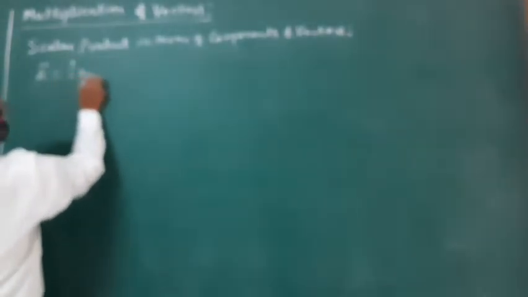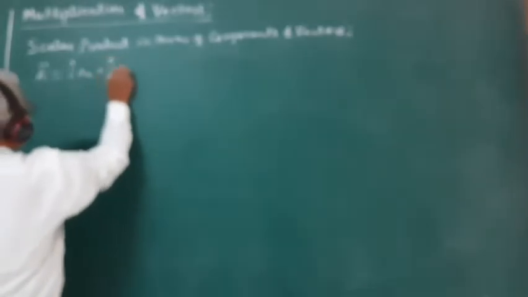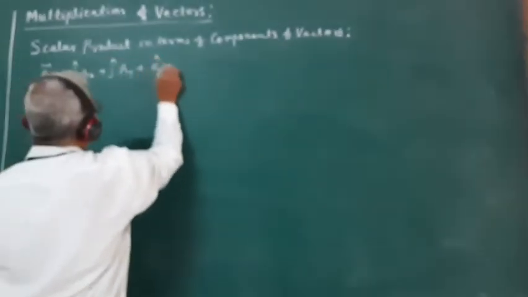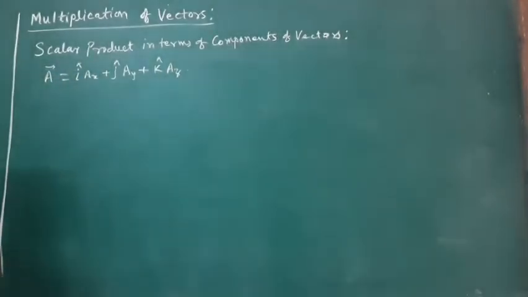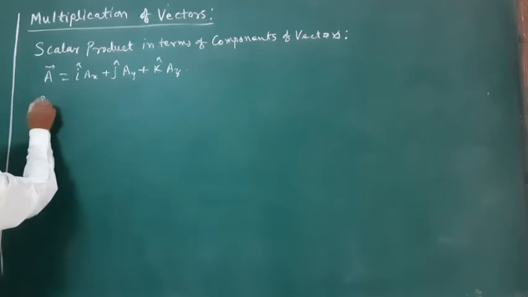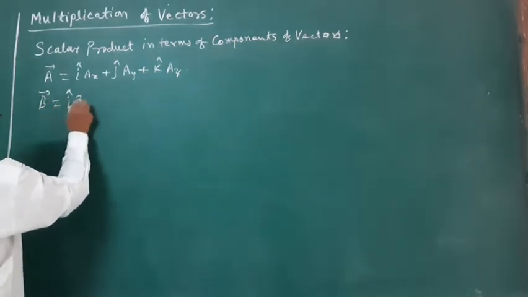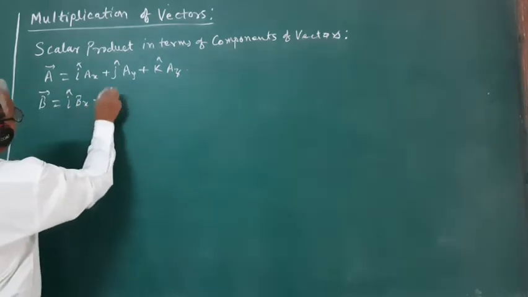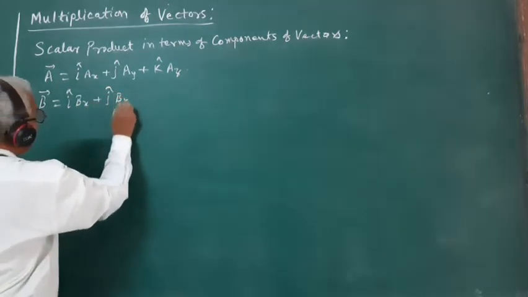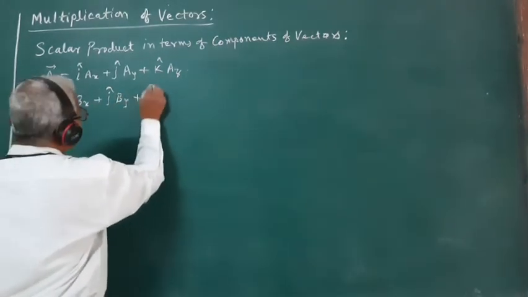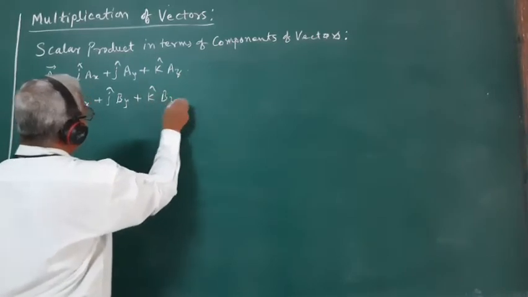a bar can be expressed in terms of its rectangular components as i cap ax plus j cap ay plus k cap az in space, and the vector b bar can be expressed as i cap bx plus j cap by plus k cap bz.